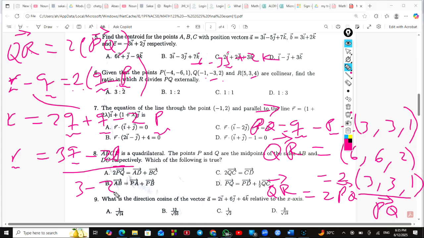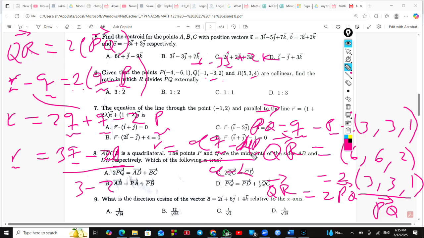And if we make a comparison, let me take you to my workbook so that you compare this to alpha and this thing. I've already cancelled the formula. You know the formula was r equal to some alpha q minus some lambda p all over alpha minus lambda, or was it mu?